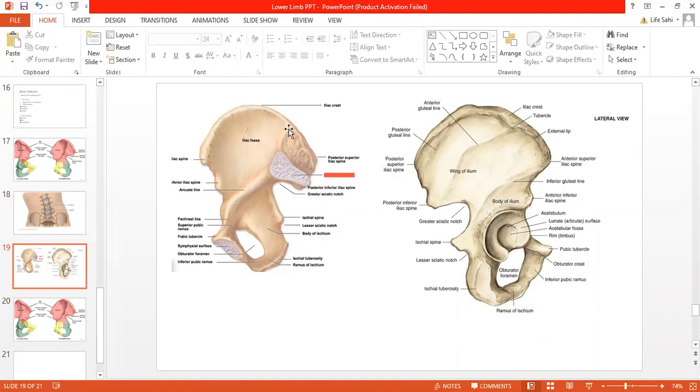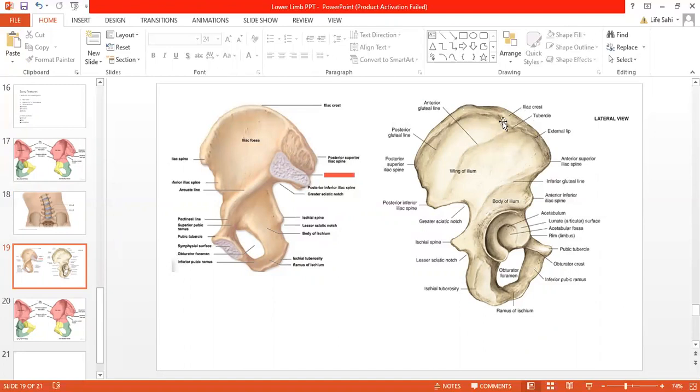The ventral segment further comprises an inner lip and an outer lip, and in between these two lips lies the intermediate area.